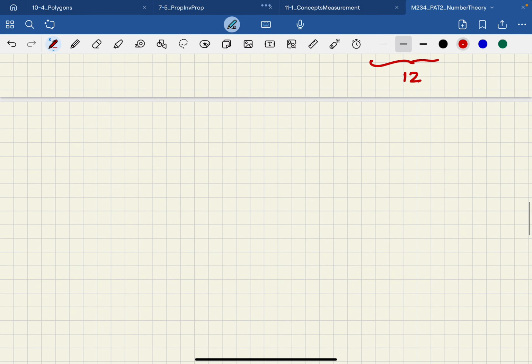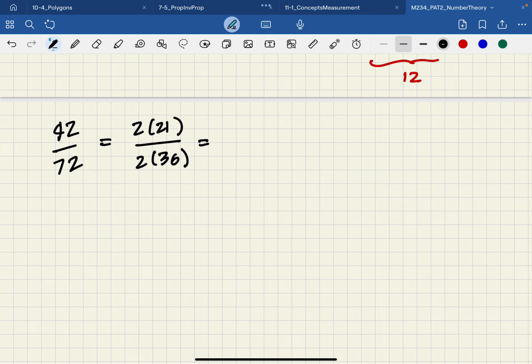So if I take a look at 42/72, well, then I can say that's the same thing as 2 times 21 over 2 times 36, right? Which would be the same thing as 21/36. The reason that's the case is because this is just a smart form of 1, so I can take any 1s out.